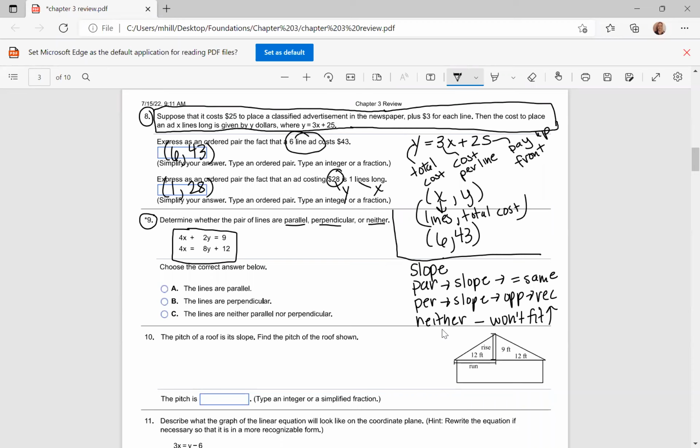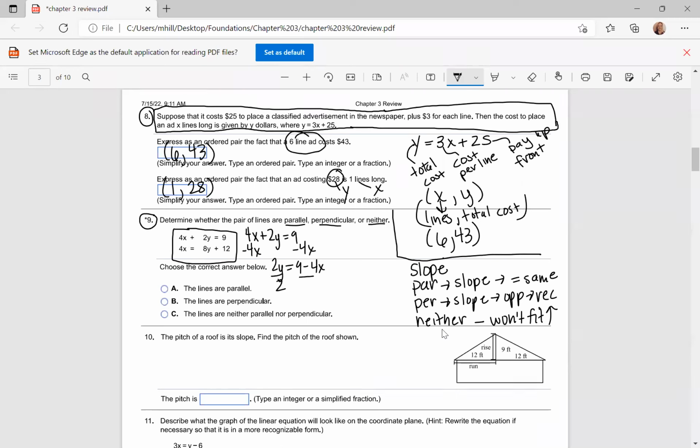Okay, so in order for me to locate the slope, I've got to look at both of these lines. 4x plus 2y equals 9. In order for me to find the slope, I've got to solve this for y so I can get it to look like y equals mx plus b. So I need to subtract 4x from both sides of my equal sign, and that will give me 2y equals 9 minus 4x.